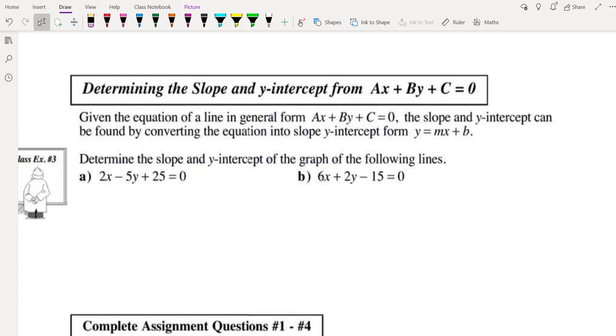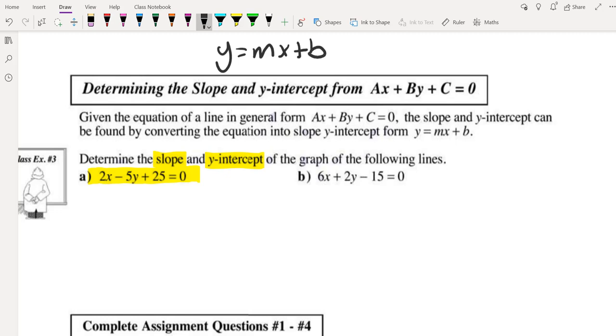We're given an equation of a line in general form, and they're asking us to find the slope and the y-intercept, but we do that by converting it to the slope-intercept form, right? How does the slope-intercept form look? If you recall, that is y is equal to mx plus b.